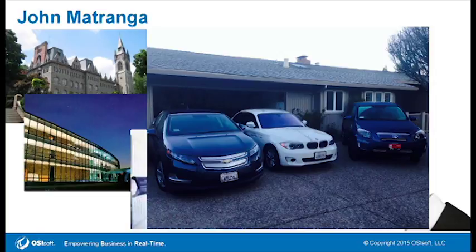I think everybody notices the car on the left is a Bolt. You might not notice the other two cars though. The car on the far right looks like a Toyota RAV4, but it's really an electric vehicle. The car in the middle looks like just a BMW 1 Series, but it's also an electric vehicle.